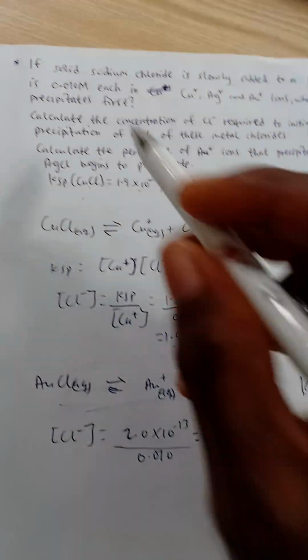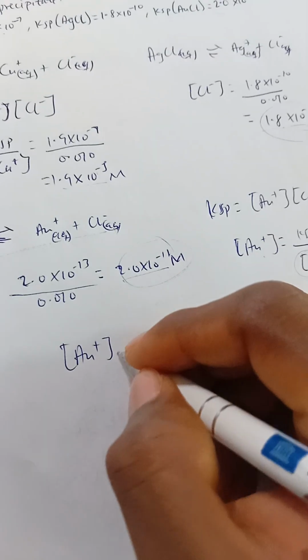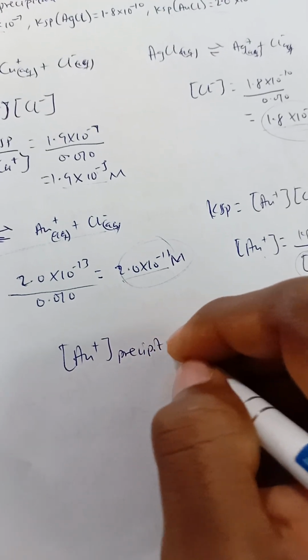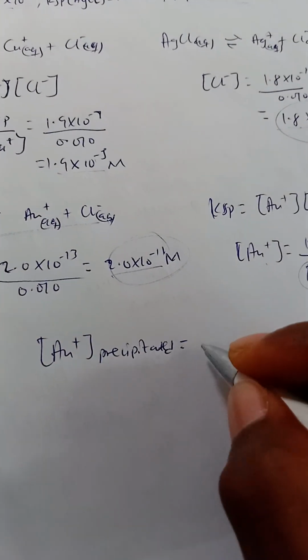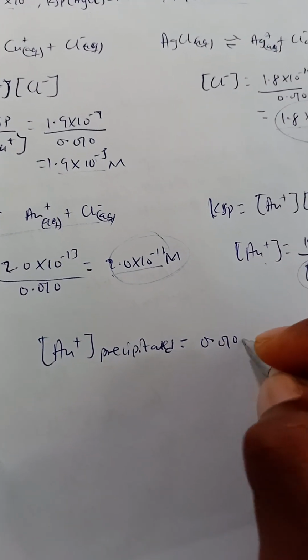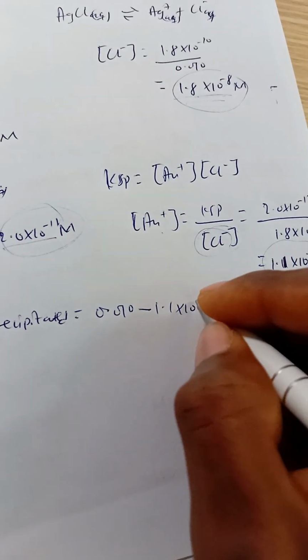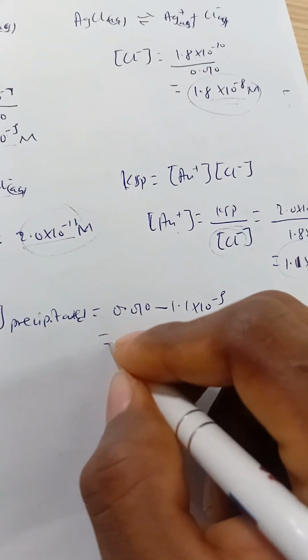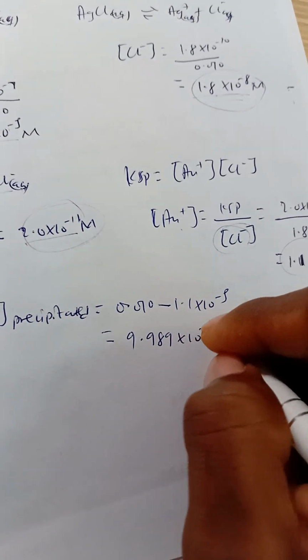Since we know the gold remaining and the initial amount of gold, we can get the gold that precipitated. The concentration of Au that precipitated is equal to the initial, 0.010, minus the amount remaining, 1.1 × 10^-5. So the amount that precipitated is 9.989 × 10^-3.